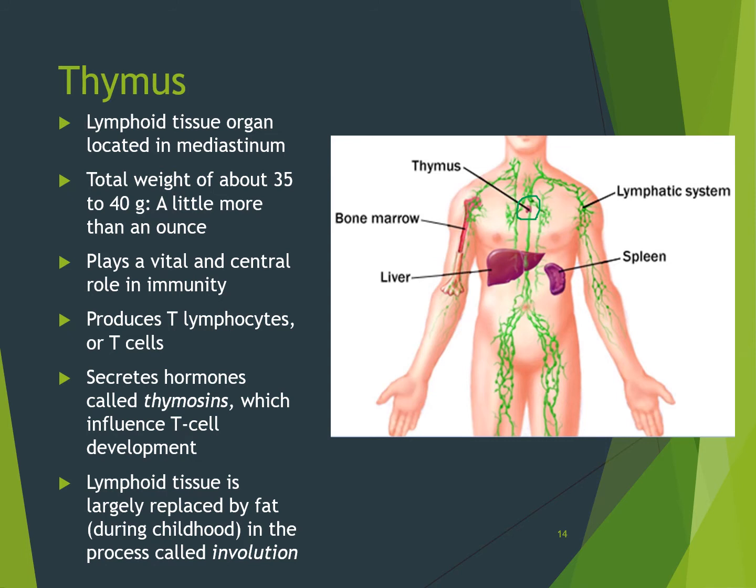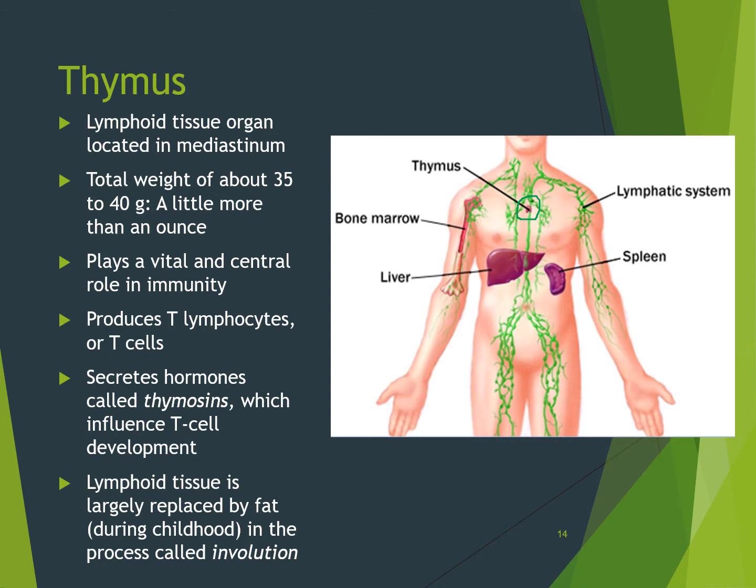It helps me to remember that they're produced in the thymus because thymus starts with T and it produces T cells. It also produces thymosin, a hormone that helps these T cells develop and grow up and help fight for our immunity.